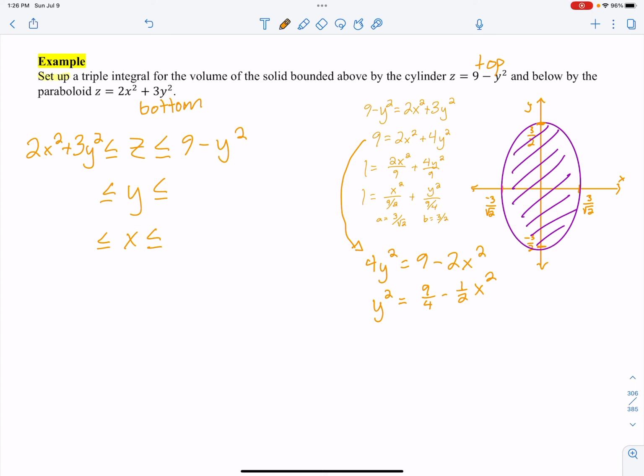Be careful, you can't take the square root of each one. It's going to be y equals plus or minus the square root of 9 over 4 minus 1/2 x squared, and this isn't pretty, and it's okay. Please do not put 3 over 2 and then the other thing in parentheses. We can't split square roots across plus or minus. So this tells me what y is bounded between. It's bounded between the square root of 9 over 4 minus 1/2 x squared and the negative of that same thing.